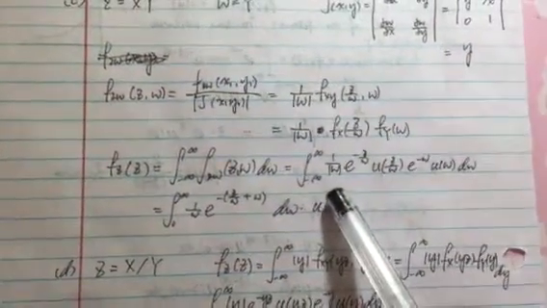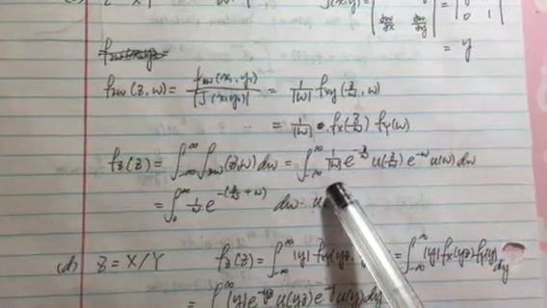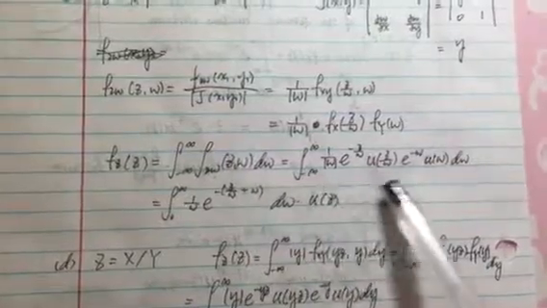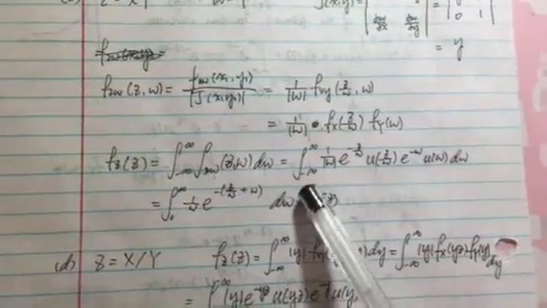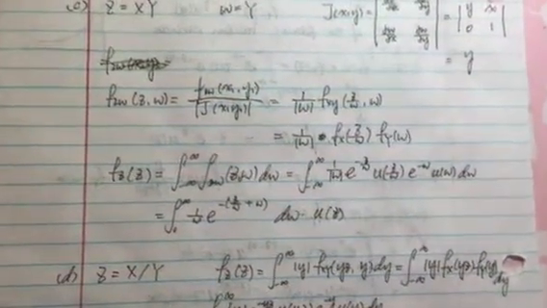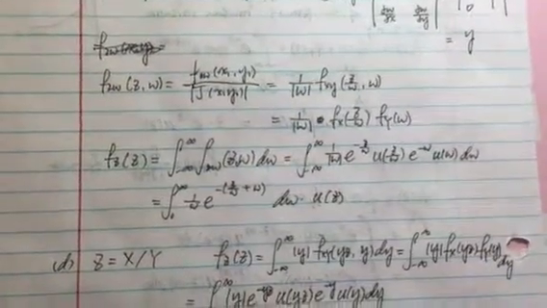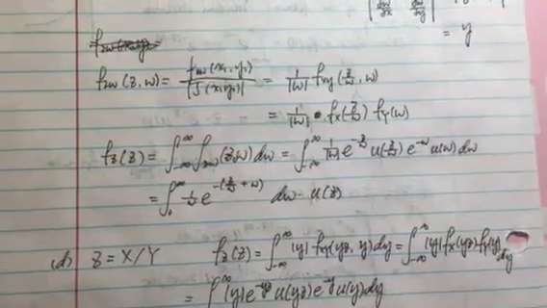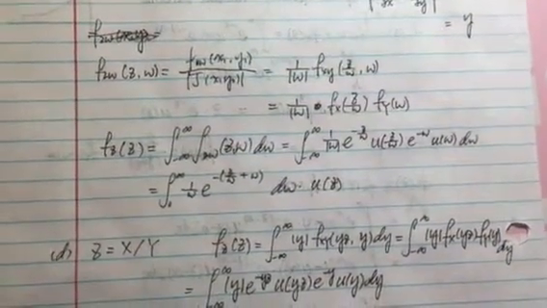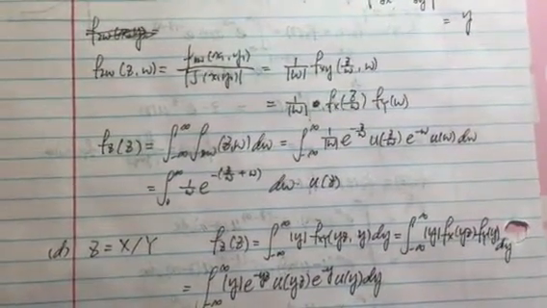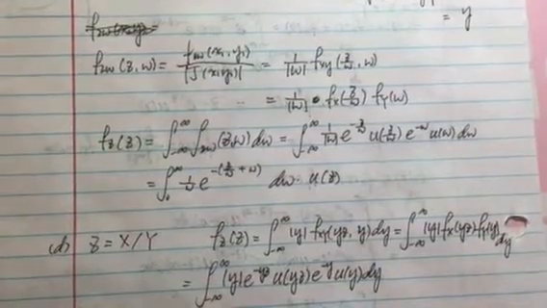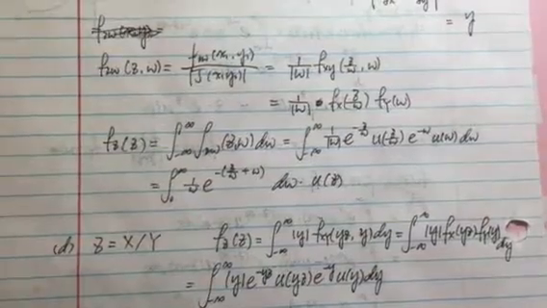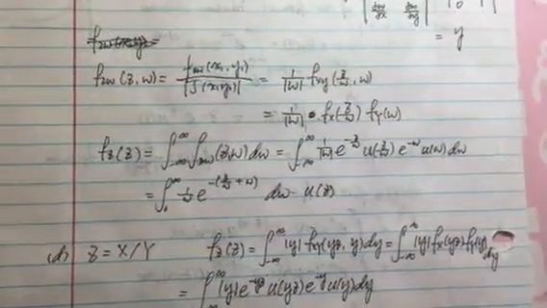We can write this double integral as the integral from negative infinity to infinity of 1 over the absolute value of W times e to the negative z over w times the unit step function of z over w times e to the negative w times the unit step function of w, dw.